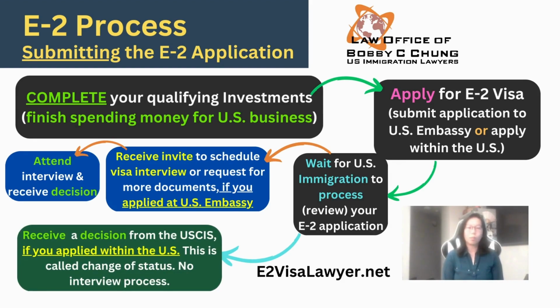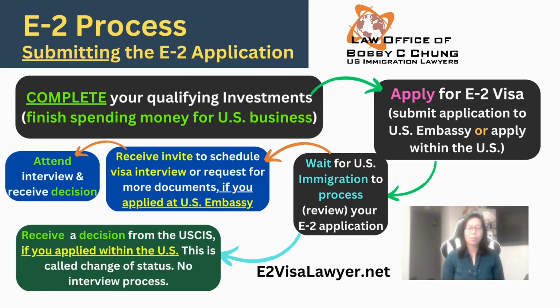A decision can be a request for additional evidence, an approval, a denial, or administrative processing. We do have a video on the differences and pros and cons of applying at the U.S. Embassy abroad versus within the U.S. Do take a look at that if you're considering the two different processes of submission. And that about concludes the submission portion of the E2 process.